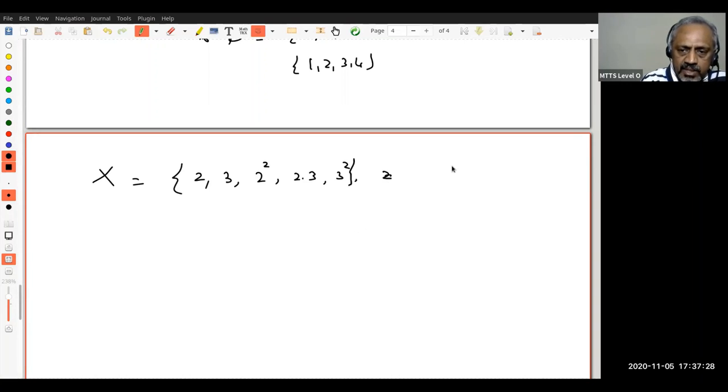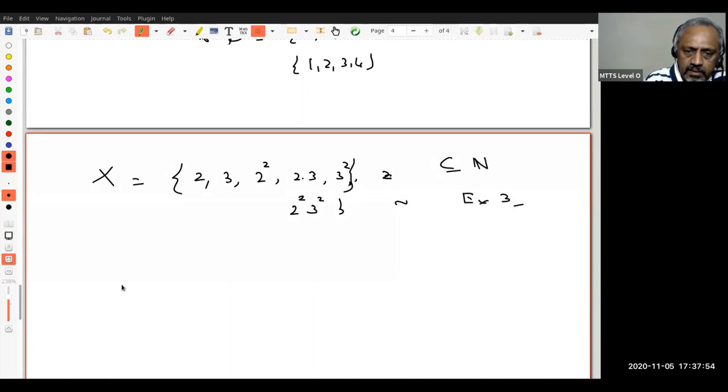And what is the partial order? This is a subset of natural numbers, so I use the third example order. Maybe I will also include 2 squared times 3 squared.